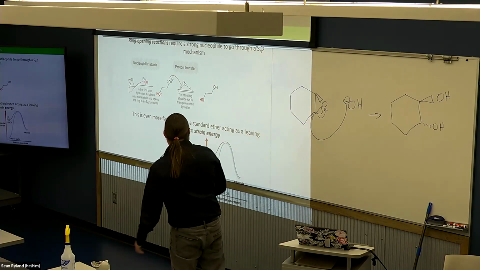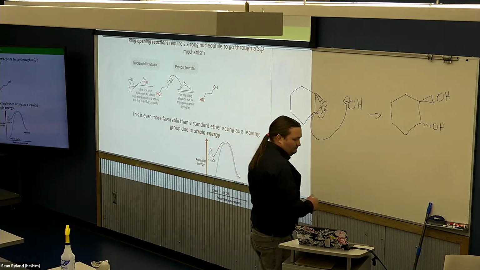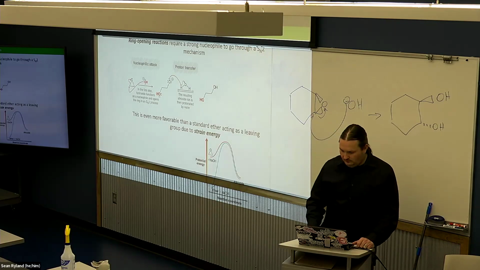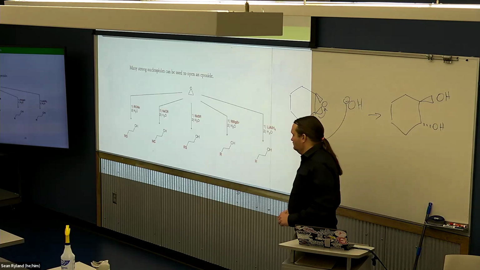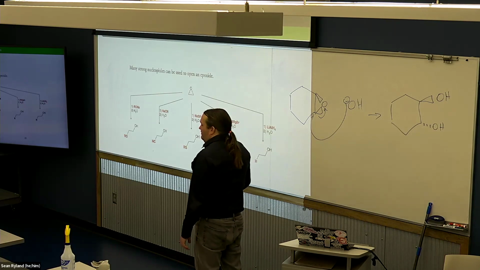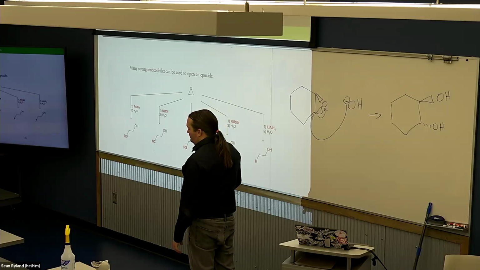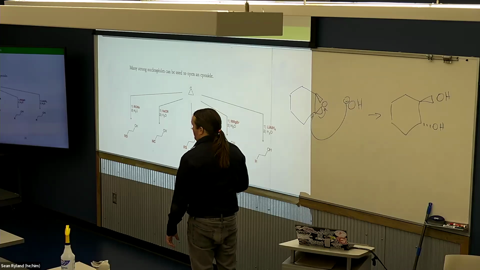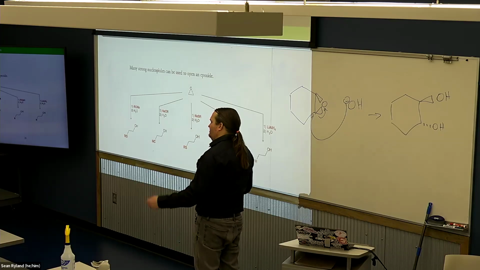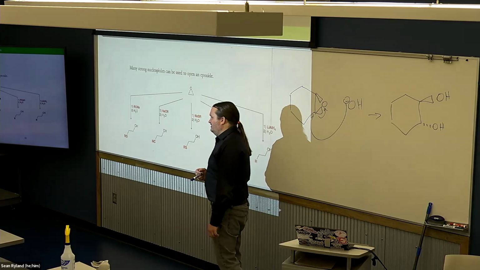This reaction happens pretty quickly. And it basically means that if you think back to the final of last quarter, we had that table of strong nucleophiles. Any of those strong nucleophiles are fair game.